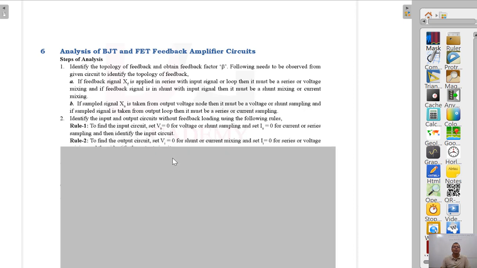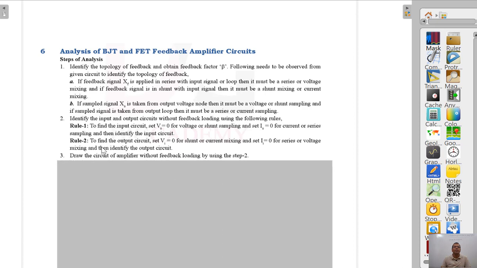Now rule 2: to find the output circuit, set input Vi equal to 0 for shunt or current mixing, and set input current Ii equal to 0 for series or voltage mixing, and then identify the output circuit. So these are the set of rules for identification of input and output circuits without feedback loading.